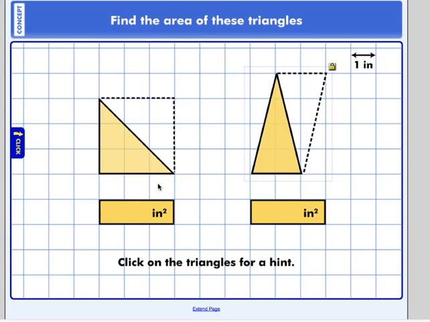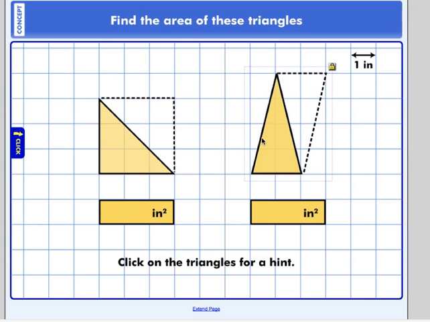You can see here that if we took this triangle and we kind of flipped it over, we would make the other half of this rectangle here. So 2 triangles make the whole rectangle. Knowing that, how could you find the area of the triangle?